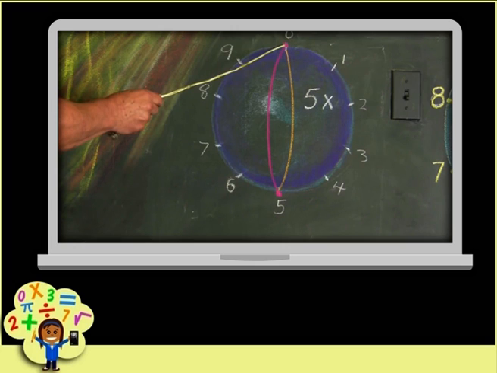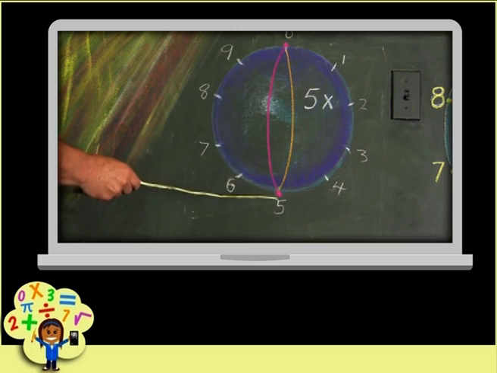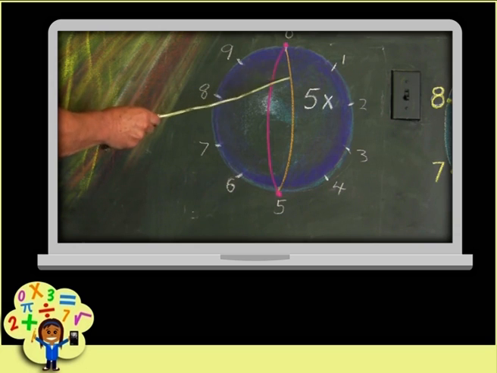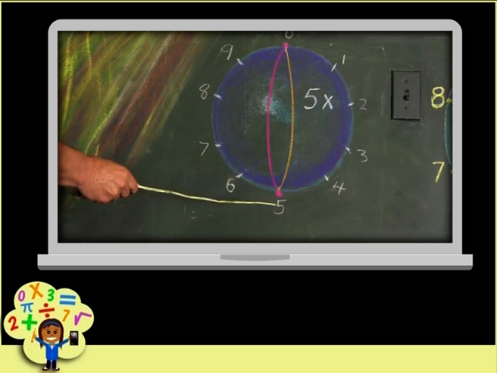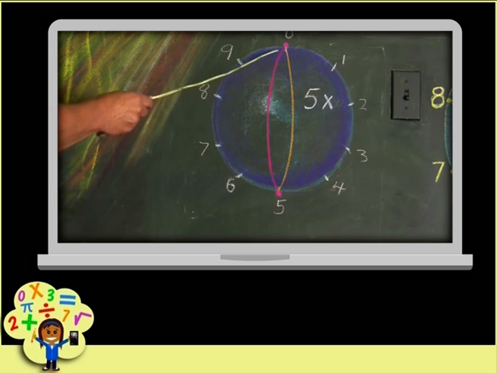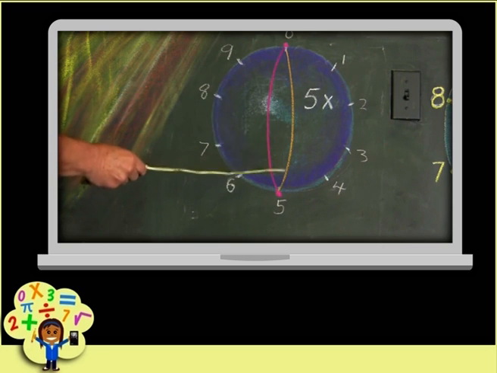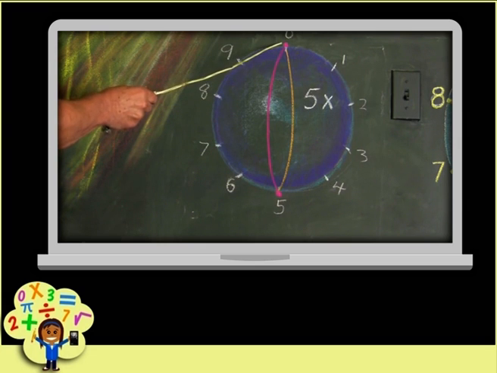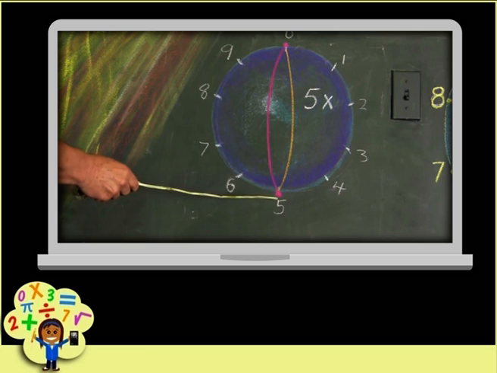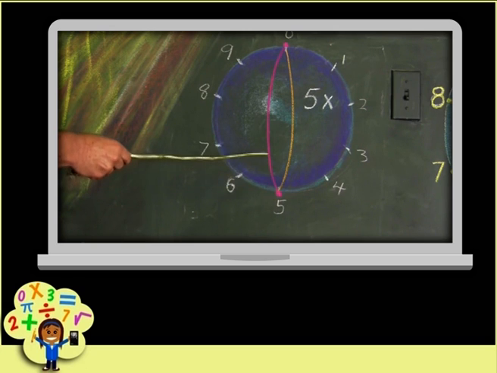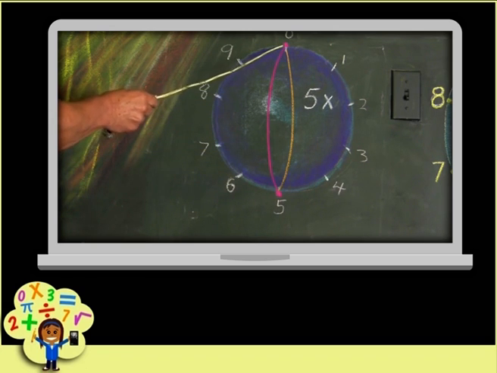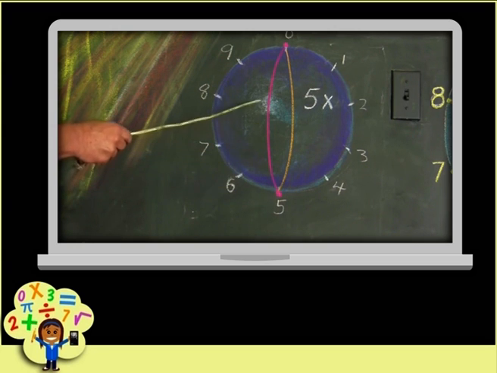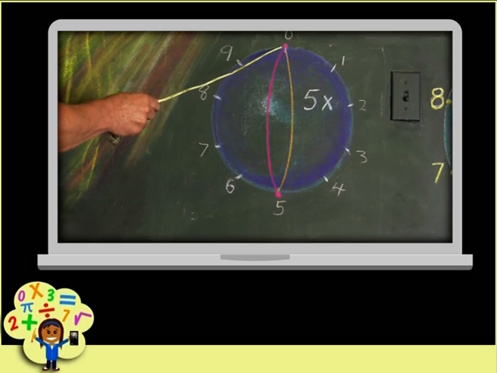We start with 0 times 5 is 0, 1 times 5 is 5, 2 times 5 is 10, 3 times 5 is 15, 4 times 5 is 20, 5 times 5 is 25, 6 times 5 is 30, 7 times 5 is 35, 8 times 5 is 40, 9 times 5 is 45, and 10 times 5 is 50.